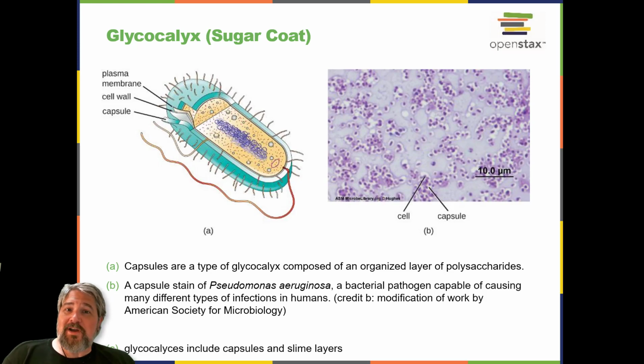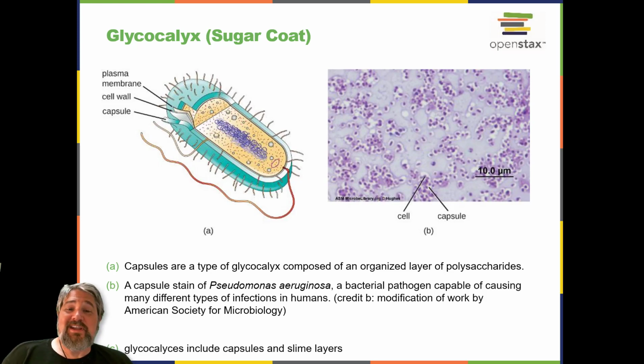A capsule is an organized layer located outside of the cell wall and usually composed of polysaccharides or proteins. A slime layer is a less tightly organized layer that is only loosely attached to the cell wall and can be more easily washed off. Slime layers may be composed of polysaccharides, glycoproteins, or glycolipids.